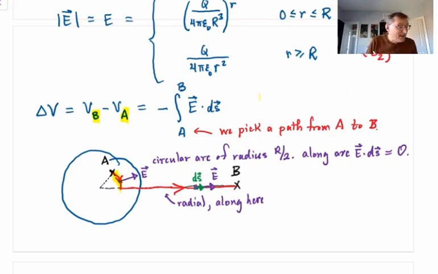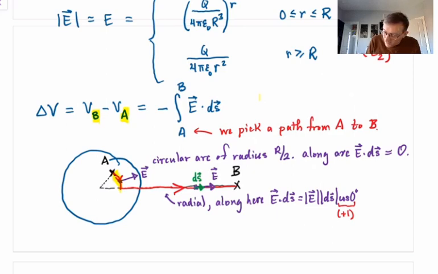So the E and the ds are parallel. So when I think about doing the E dot ds, I'm going to have magnitude E, magnitude of the little displacement ds, cosine of the angle between the E and ds, but they point in the same direction, 0 degrees. Cosine of 0 degrees, positive 1.